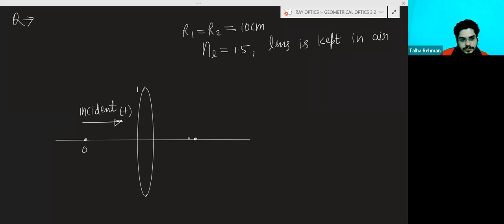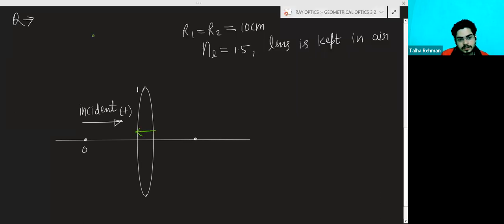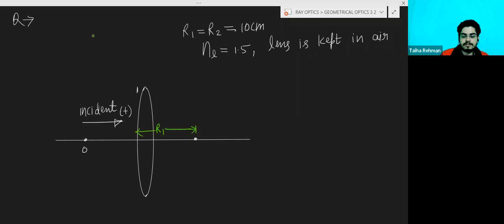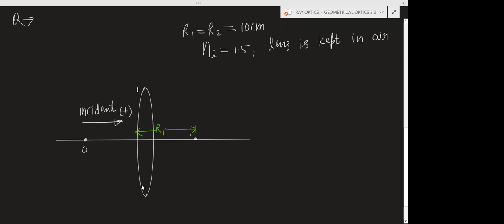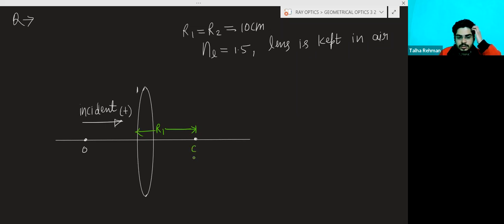If this is the first surface, then this will be the radius of curvature R1. Now for this second surface, suppose the center of curvature is somewhere here. This is C2, so this will be R2.